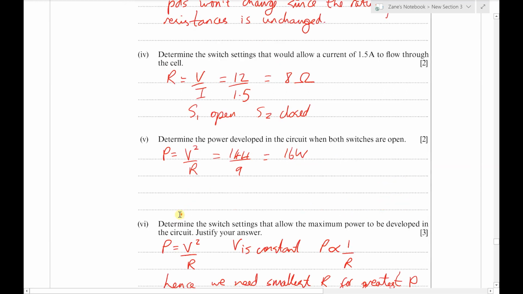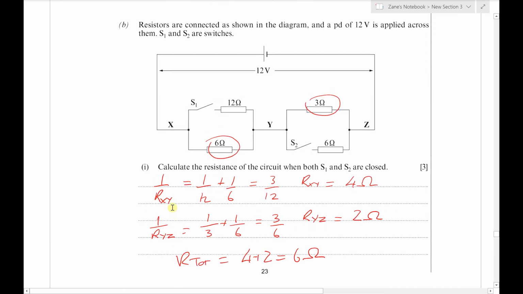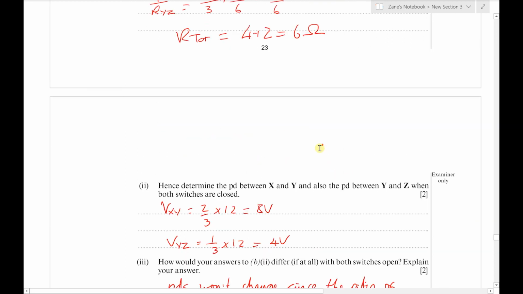If we look at all the different possibilities, we can have 6 and 3 with both switches open. We can have 6 and 2 with this one open and this one closed. We can have 4 and 3 with this one closed and this one open, but the lowest resistance will be when we have both switches closed, giving us a 4 and 2.